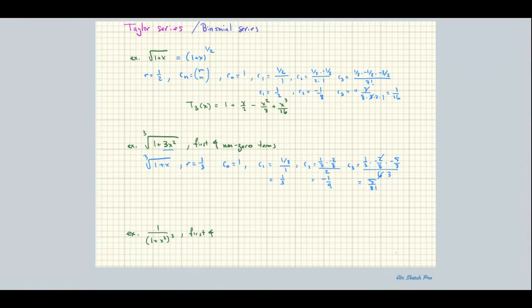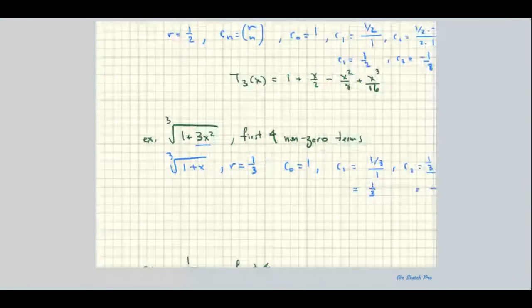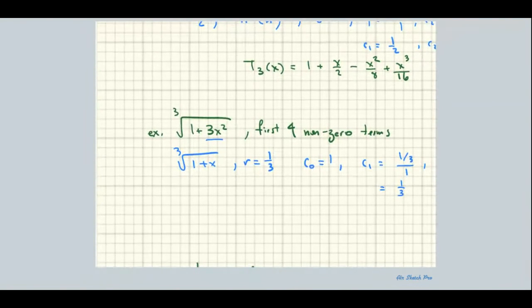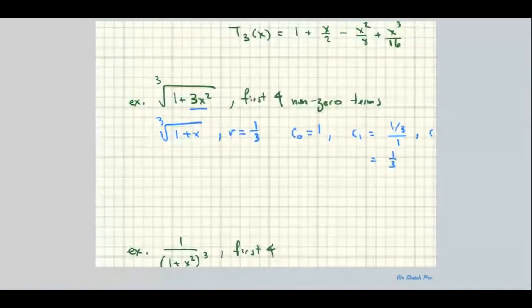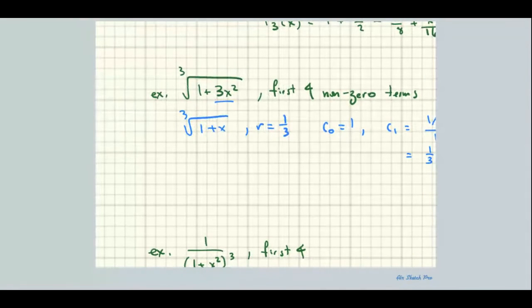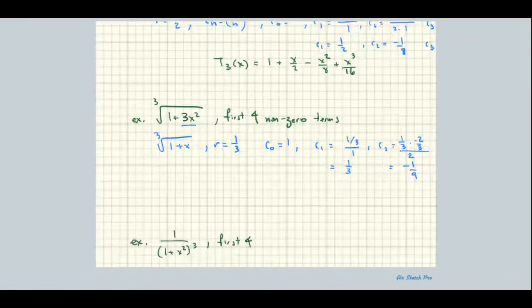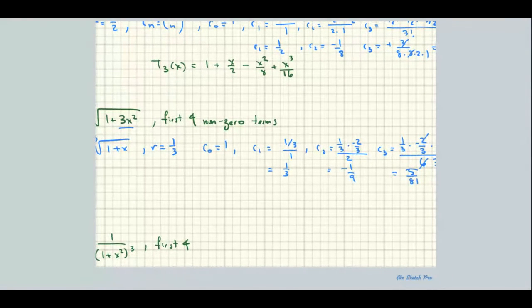Yeah. And so now, let's try this. I see my coefficients were 1, 1/3, negative 1/9, and 5/81.